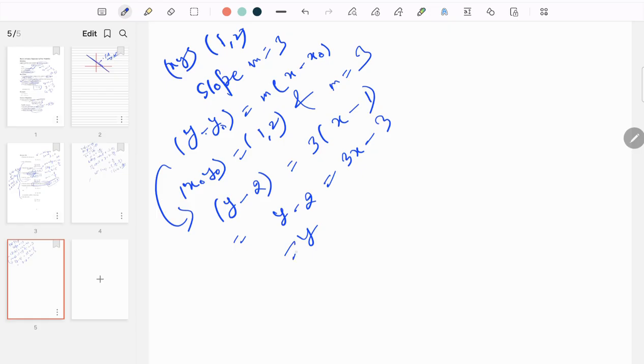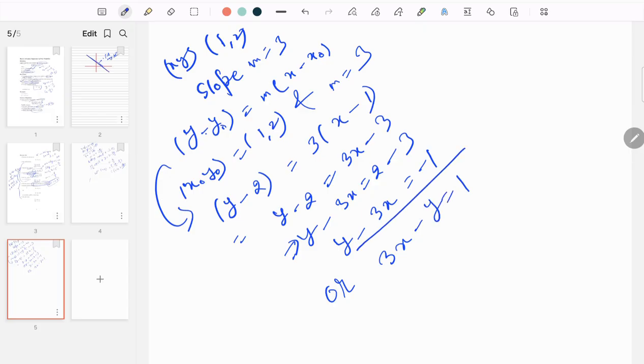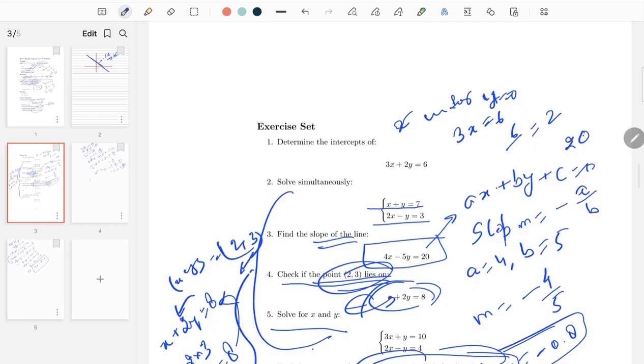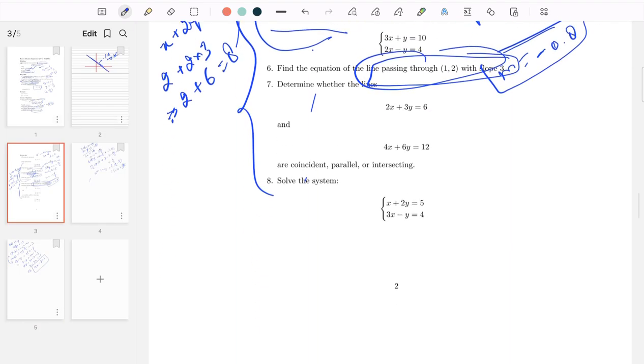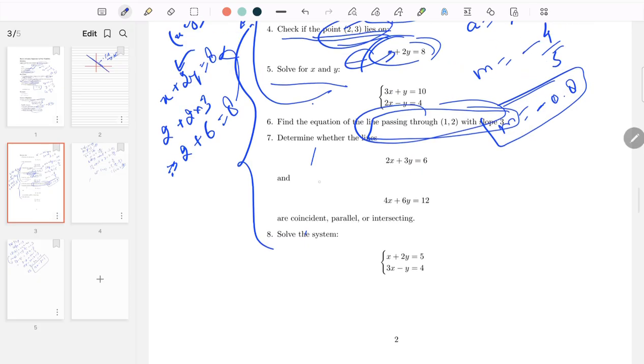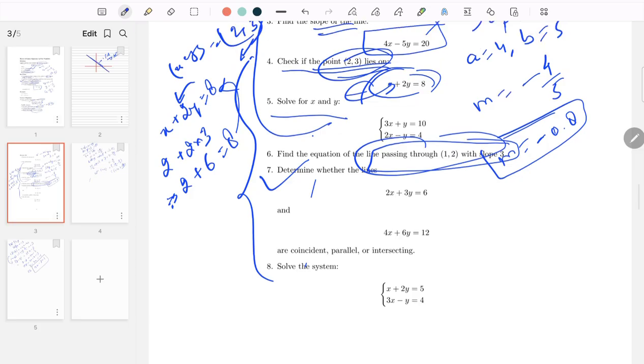So y minus 3x equal to 2 minus 3, y minus 3x equal to minus 1, or we can write 3x minus y equal to 1 is the equation of the line.